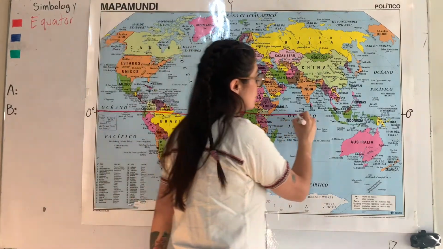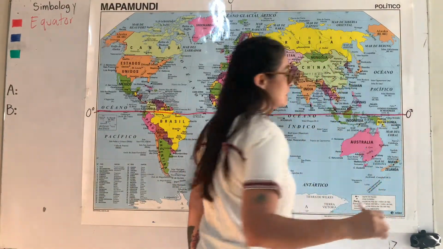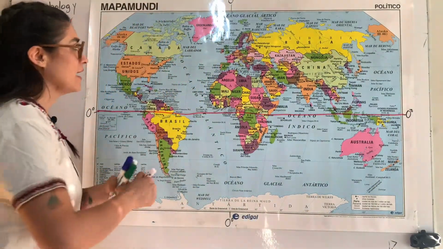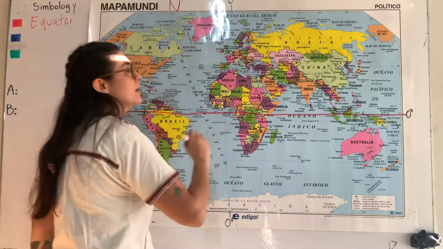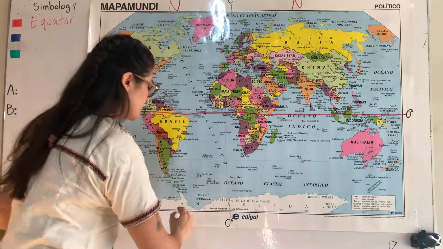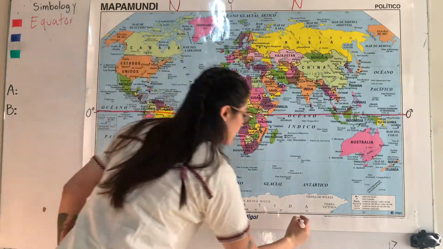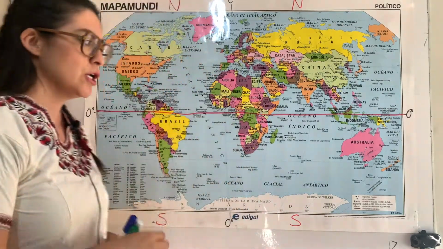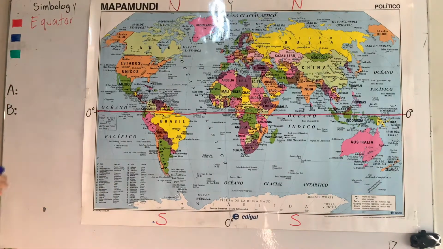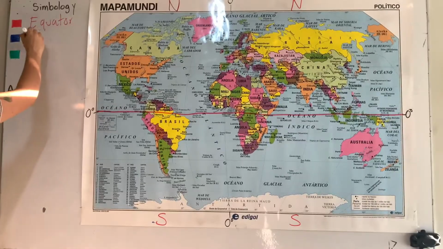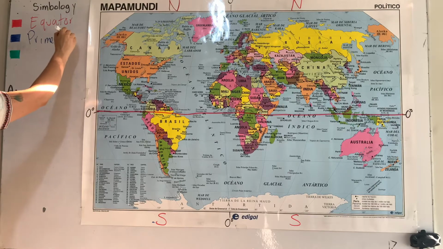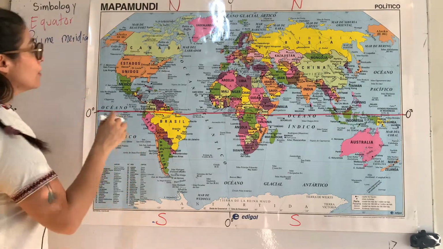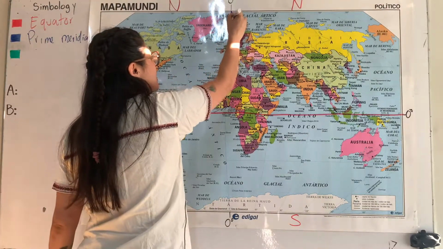We are using degrees. 0 degrees, it divides the north hemisphere, all of this is the north hemisphere, and also the south hemisphere. So we have one of the lines to know where we are. And we also have the prime meridian. Sorry for my terrible handwriting. So we have the 0 degrees.